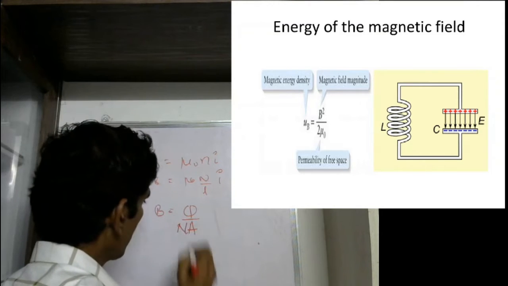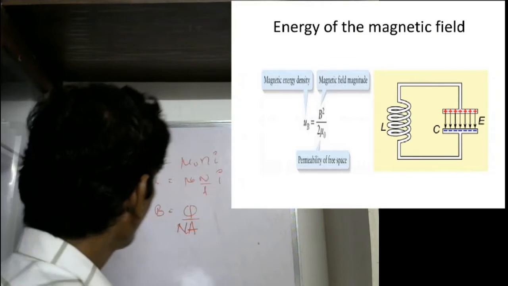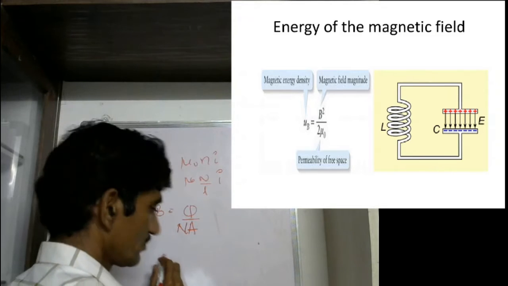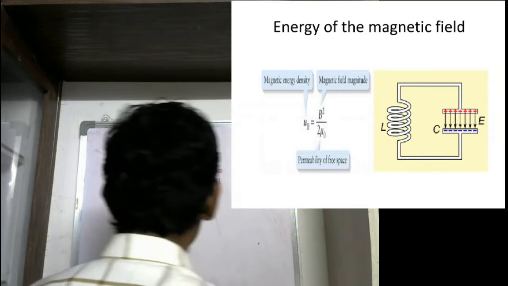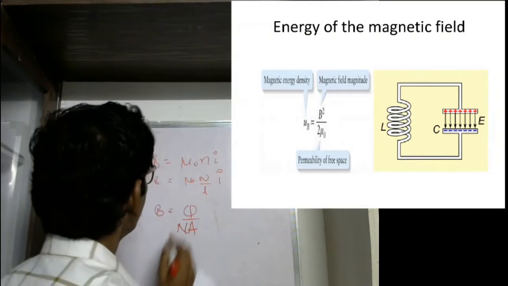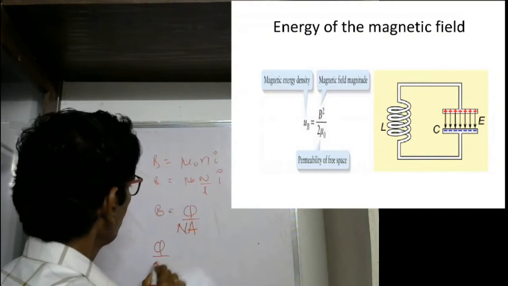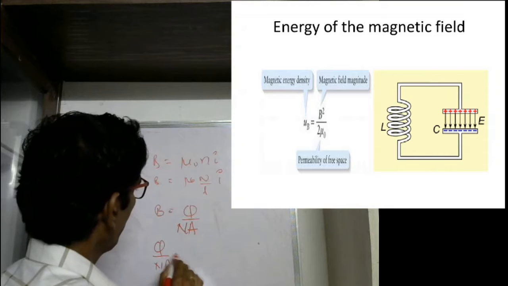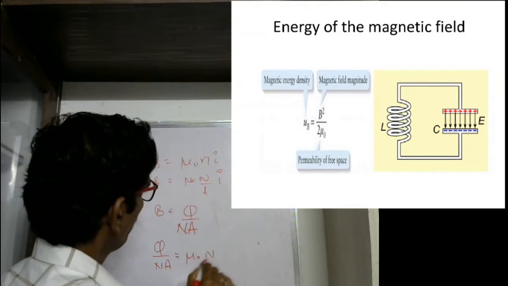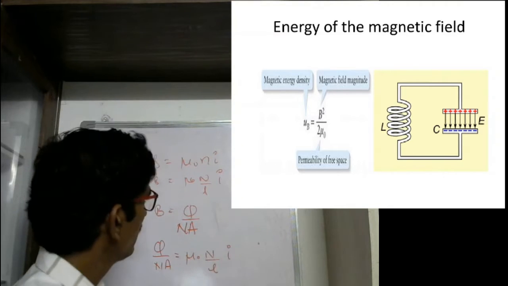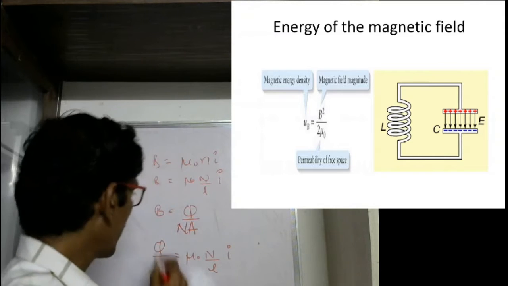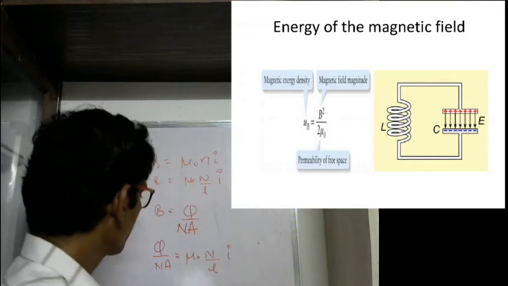It is N A. Now, phi by N A is equal to mu naught N by L I. Phi is the total flux.